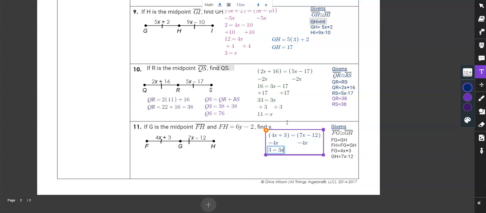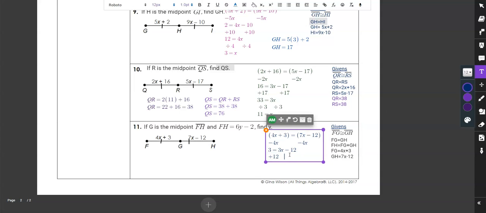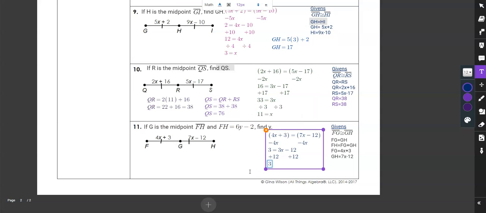I now am going to add 12 to both sides, because whenever you do something to one side, you must do it to the other. And finally, that gives us an expression of 15 is equal to 3x.